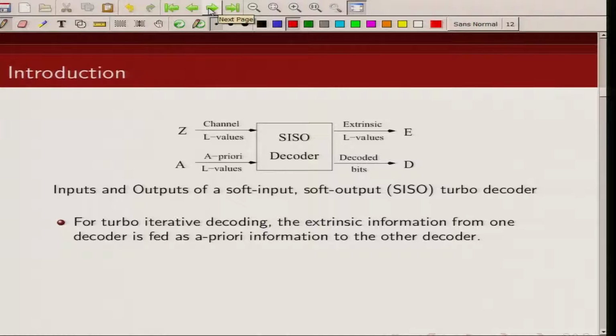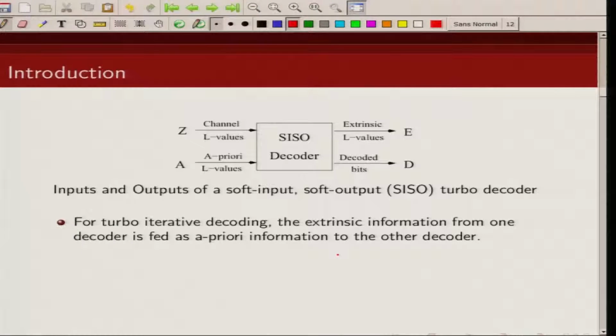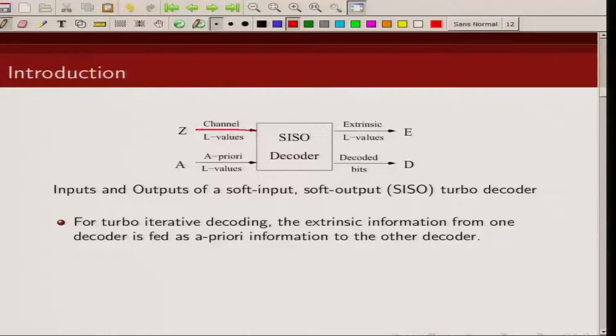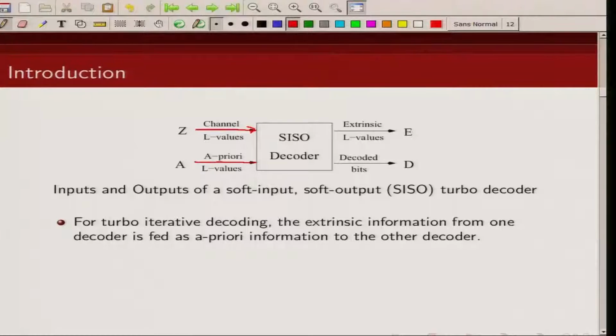Before we study the convergence of turbo code, let's pay close attention to the basic block diagram of our turbo decoder. The heart of a turbo decoder is a soft input, soft output decoder, and if you recall, this decoder takes as input the channel received values corresponding to the information and parity bits, and the a priori value which it receives from the other decoder, which are the extrinsic values passed on to it.